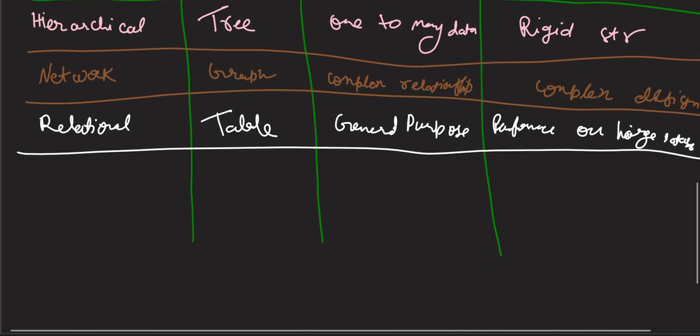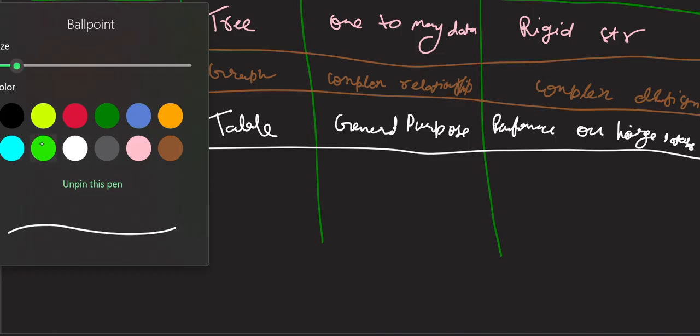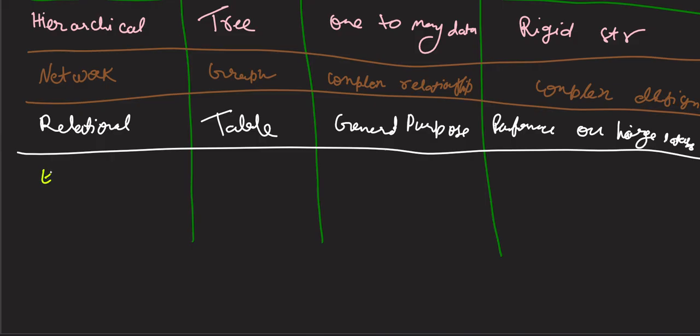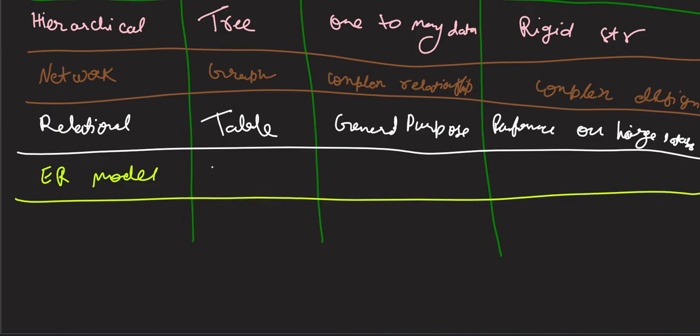Now the next is ER model, and it is a diagram. Okay. Or database design. Database design.